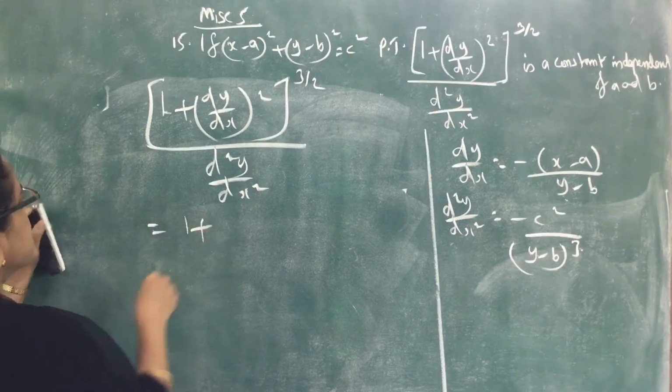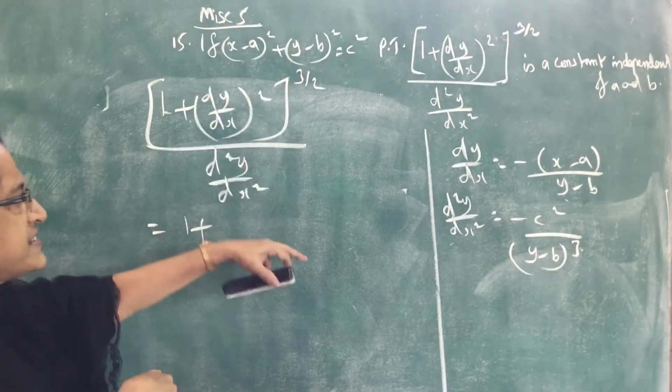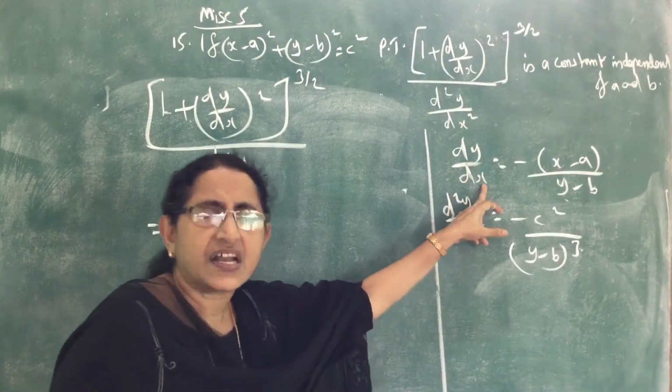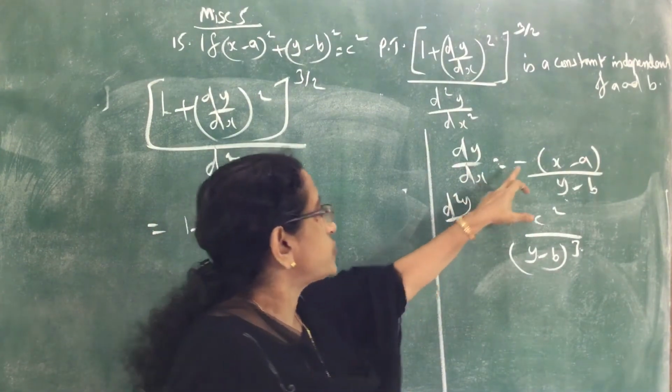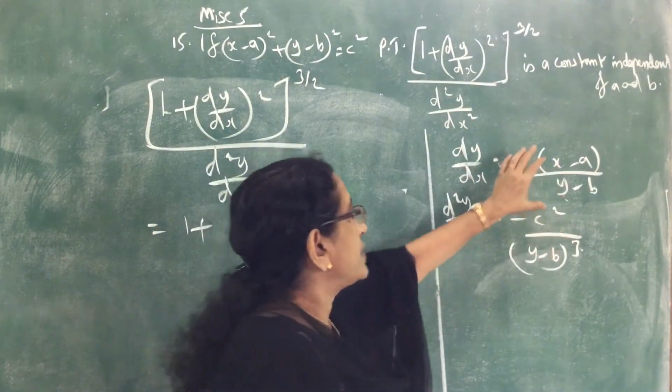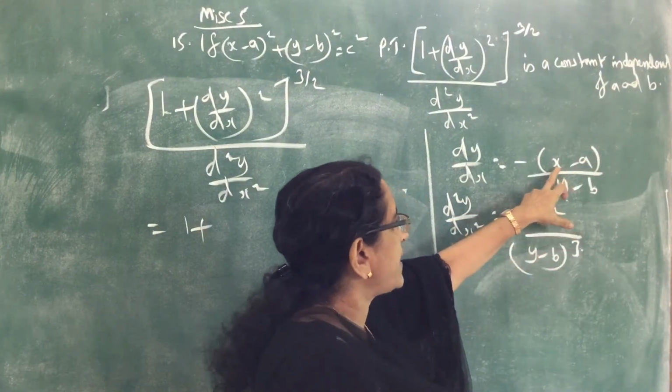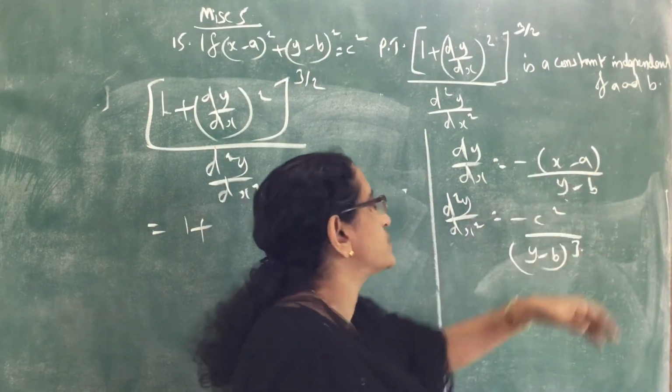So 1 plus (dy by dx) whole square. What is dy by dx? This is dy by dx. So (dy by dx) whole square: negative square is positive, so (x minus a) whole square by (y minus b) whole square.